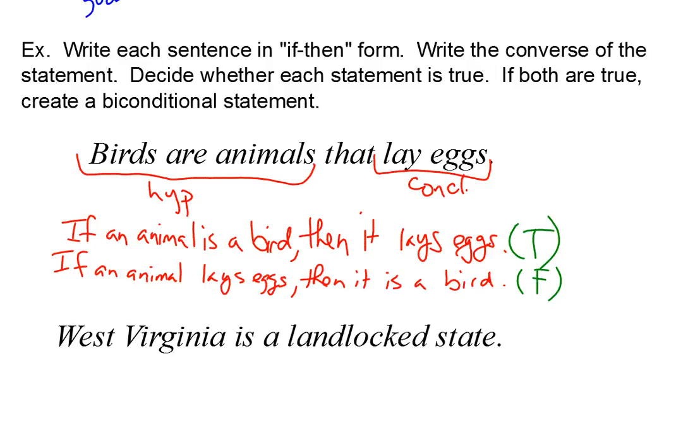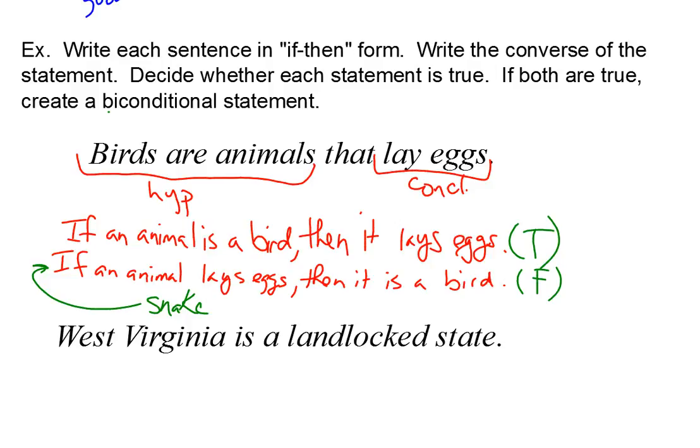I just need one counter example. Well, if you think about it, what kind of animal could lay an egg but not be a bird? Well, couldn't a snake be a counter example to this sentence right here? Right? So the first sentence is true, but the converse is false. So do I need to create a biconditional in this last part? No. Right? Okay. You guys, again, try this sentence.